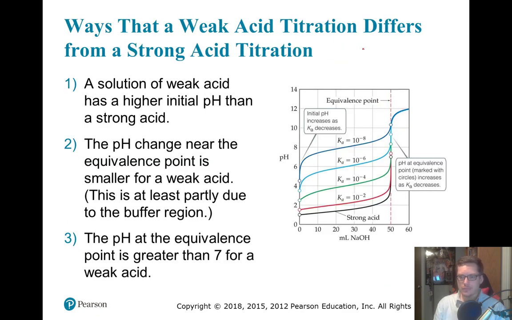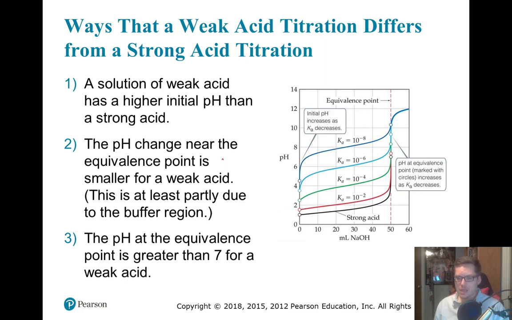So this is just a way of looking at how this is different from a strong acid titration, and we've already pointed out a lot of these. The weak acid titration will always start at a higher pH, and that makes sense because weak acids are weaker than strong acids. Even if we have a relatively high Ka value, we're still at a higher pH than the strong acid was.